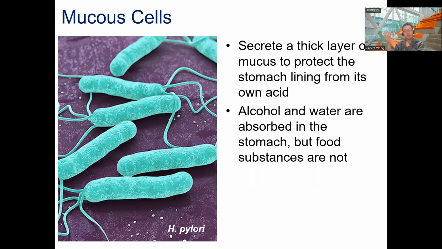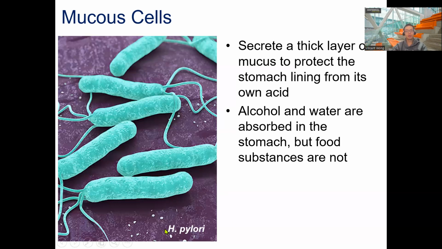And when your immune system is weakened, for example, or there is some other unknown trigger, people don't fully understand why, then the H. pylori can start to eat away the mucus lining. And when they eat away the mucus lining, they bury themselves deeper into the tissue to protect themselves from the acid. But then the part of the stomach that loses the lining will now be irritated by the acid. That's how a person could get a stomach ulcer.